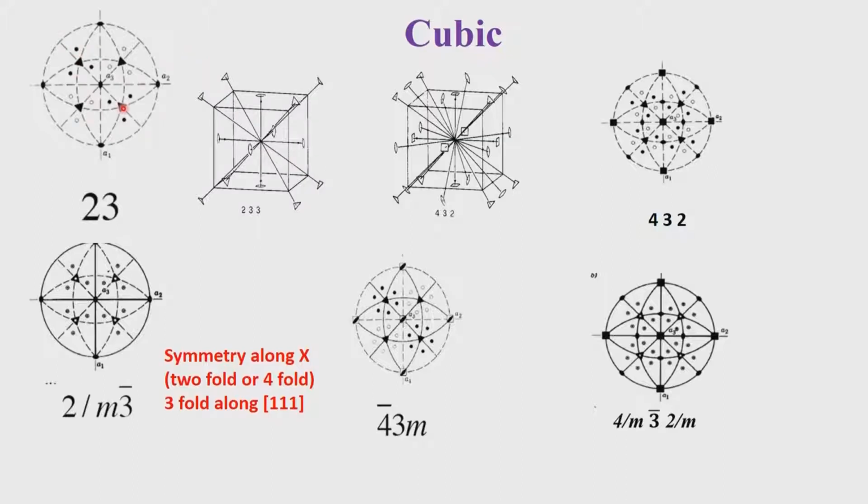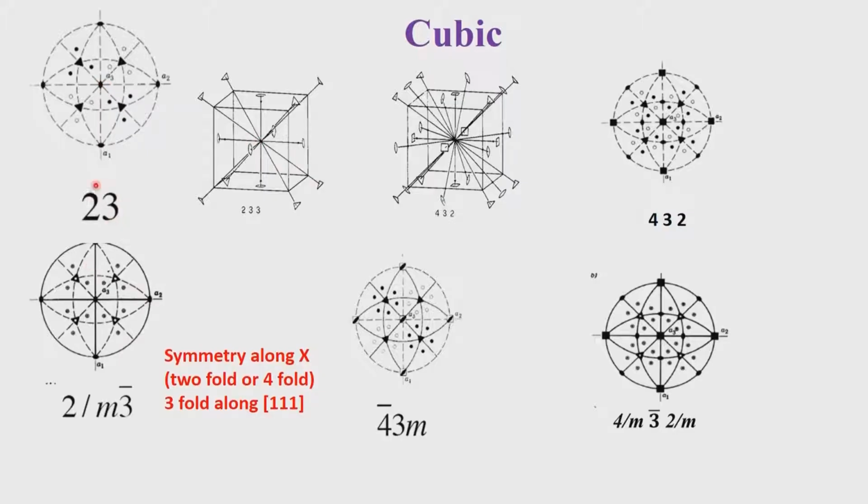So, in a typical cubic system, we can have a two-fold along the x direction or a four-fold along the x direction. We will also have a compulsory three-fold along the diagonal. The diagonal now is 1 1 1. The presence of the compulsory threefold makes it unique, a unique symmetry associated with the cubic system. So, when we describe these possible 5 point groups with the cubic system, we have to consider the fact that the center is now associated with the center of the cube.